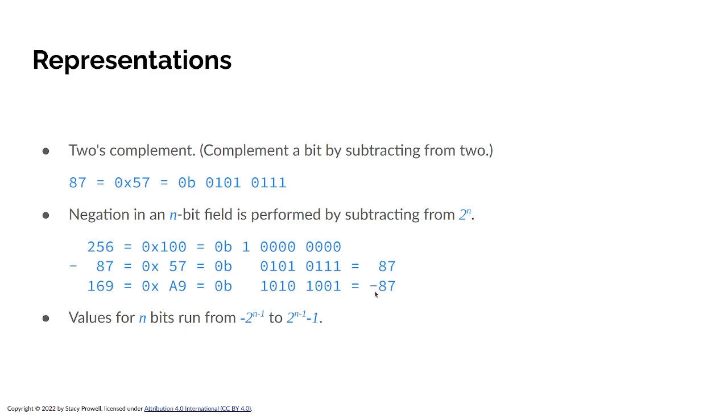And that gave me negative 87, or what I'll think of now as negative 87. There are a number of ways to think about this. This bit is 1, 2, 4, 8, 16, 32, 64, 128. A way to read this binary representation is to take the top bit and make it negative.